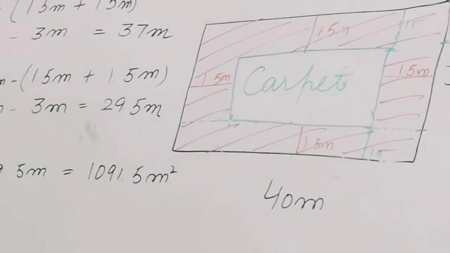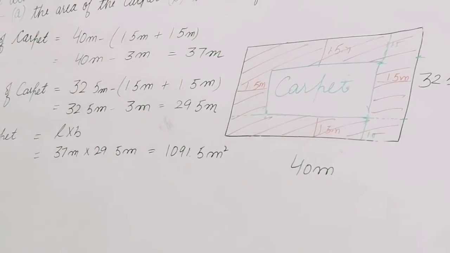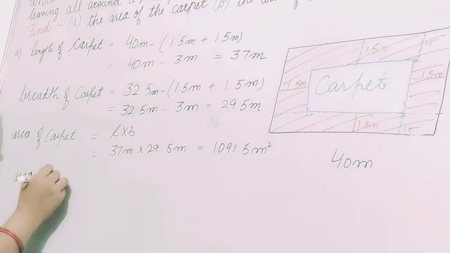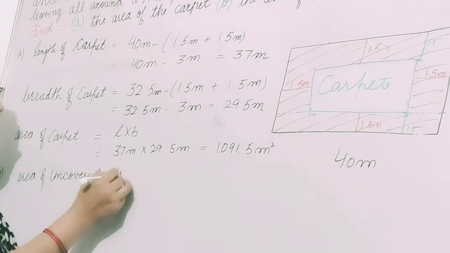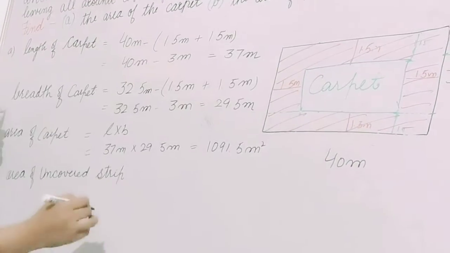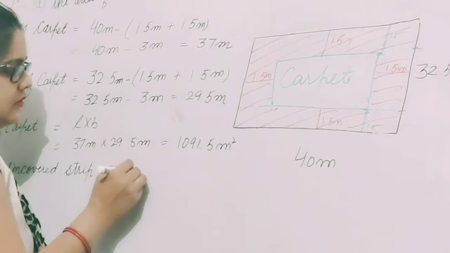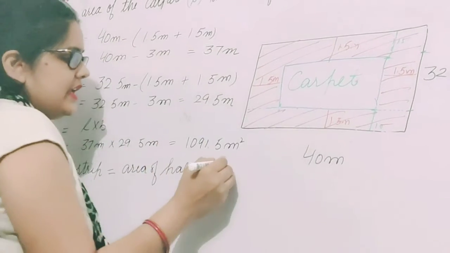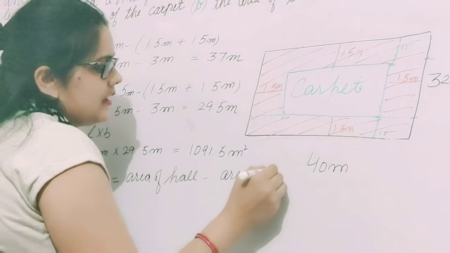So now write down: area of uncovered strips equal to area of hall minus area of carpet.